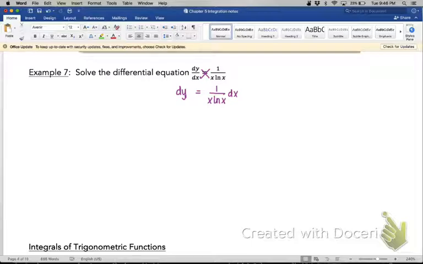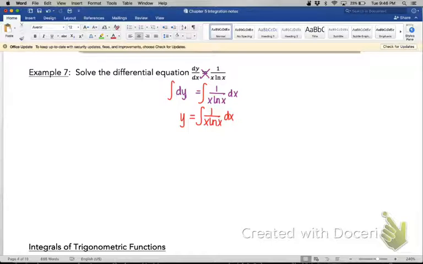Now, I want to get y by itself, so I'm going to take the integral of both sides, and by doing that, the integral of dy is going to be y. And then I'm left on this side with 1 over x natural log x dx. And so that is the integral that I am trying to evaluate.